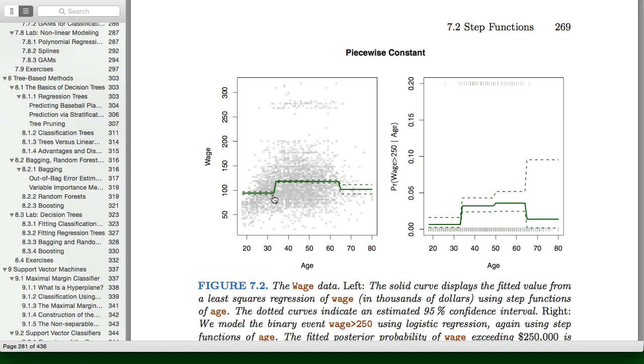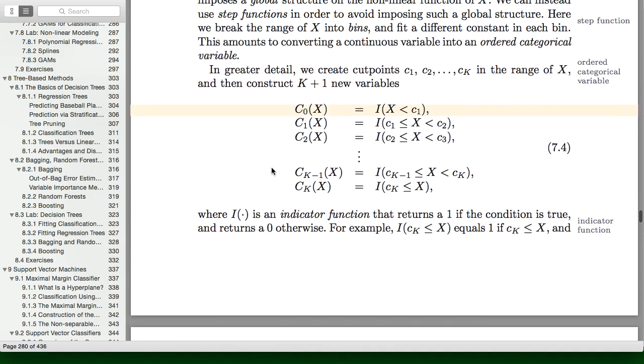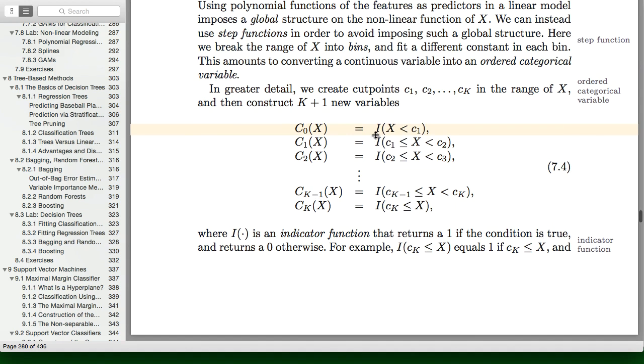If x is less than 32, then we assign the constant 99 to it. If x is from 34 to 64, we assign the constant 120 to it. I'm just guessing. I don't know what that is. But the idea of a step function is this. We have these indicator variables. So here are the examples of indicator variables.